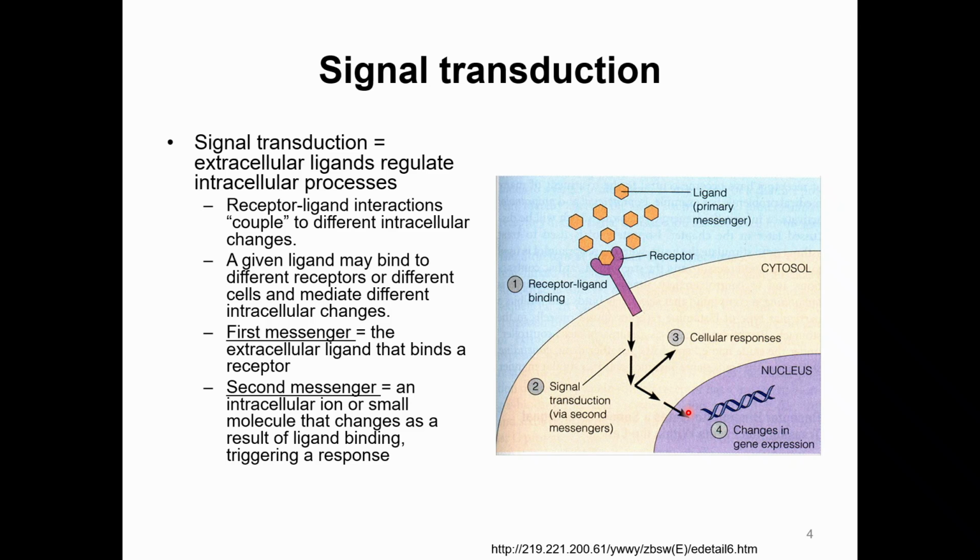And what ultimately happens are usually one of 2 things. In some cases, the receptor ligand binding triggers an immediate cellular response, something like opening a channel so that things can go back and forth between the cell and the exterior of the cell.